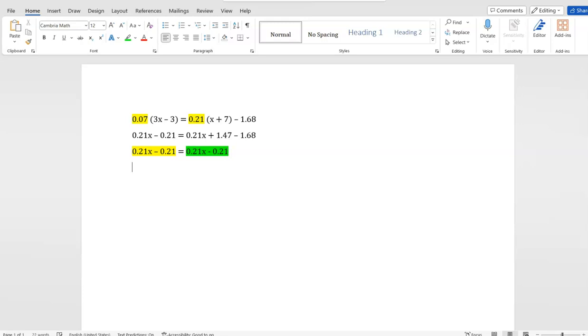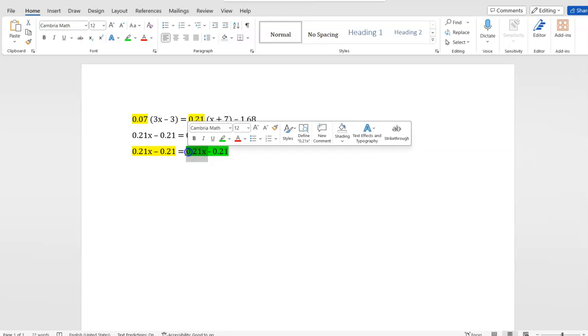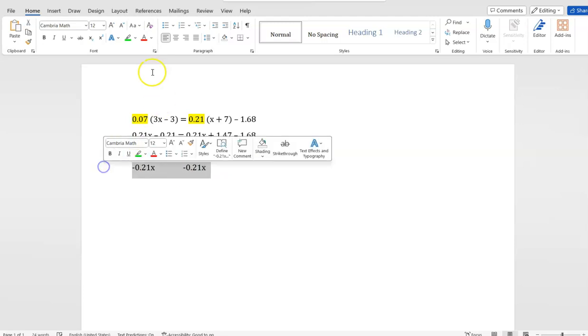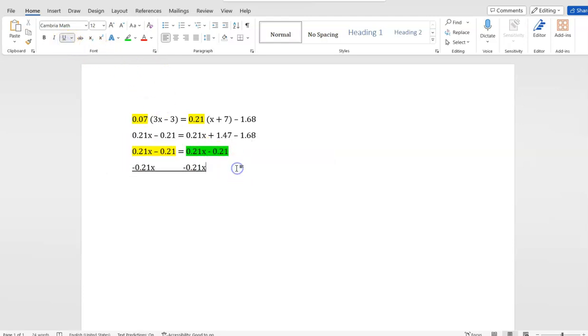Or maybe I didn't notice that, and I'm like, okay, well, I want to put the x's together, so I'm going to subtract 0.21x from both sides. So I'm going to do negative 0.21x and minus 0.21x. I'm just blithely going along, didn't notice anything.